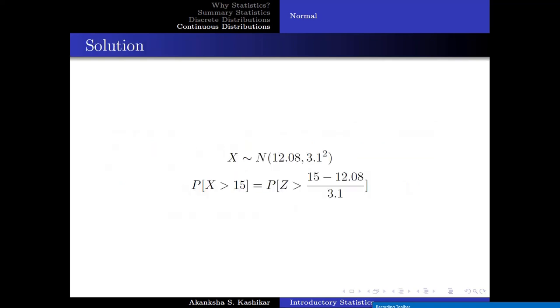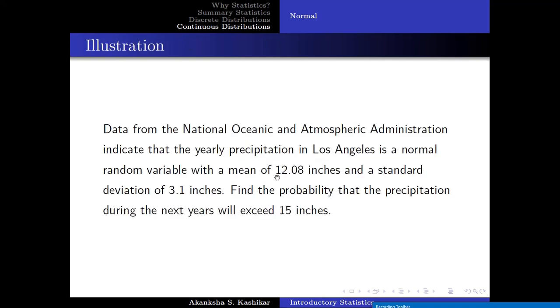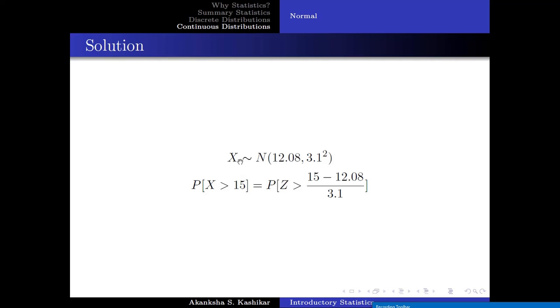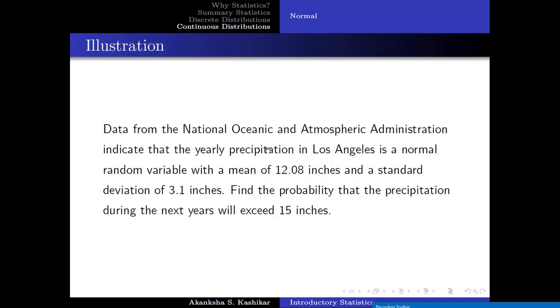So what is given to us is the mean, 12.08 inches, and the standard deviation, 3.1 inches. So we will say X follows a normal distribution with mean 12.08 and variance 3.1 squared, and what we want to find is the probability that the precipitation exceeds 15 inches.